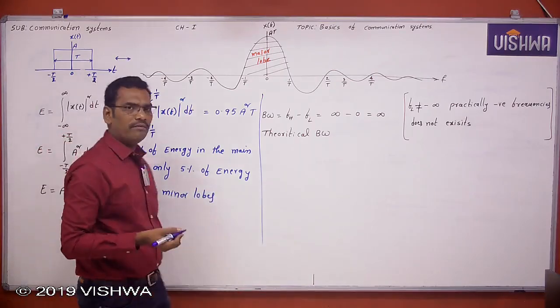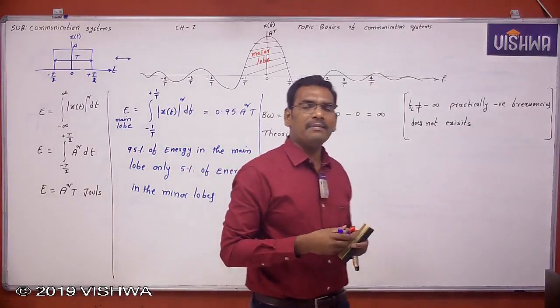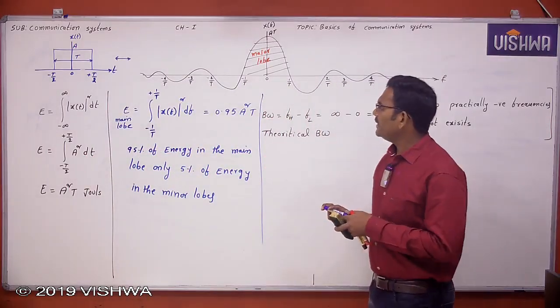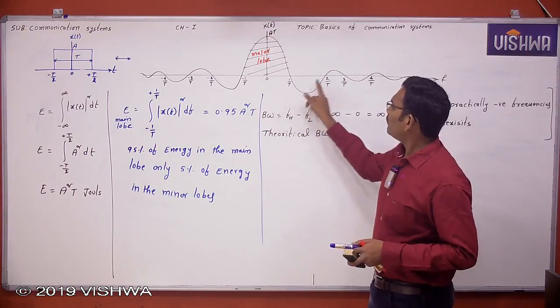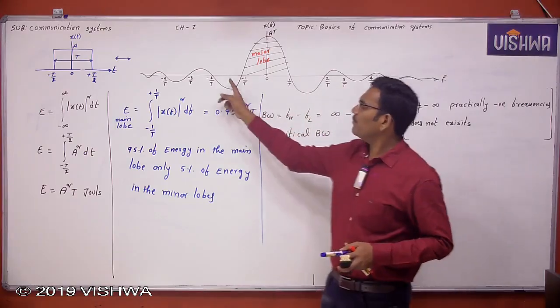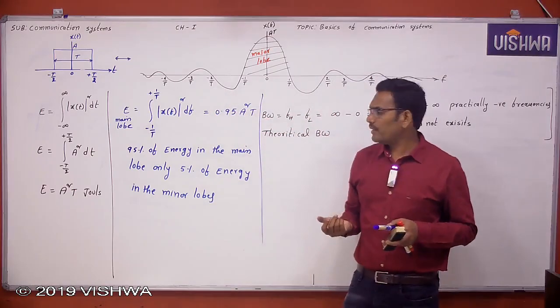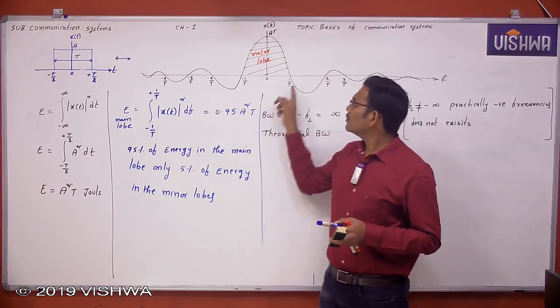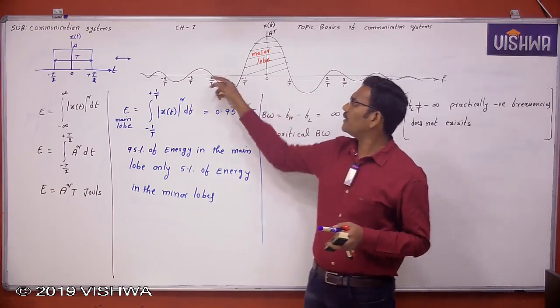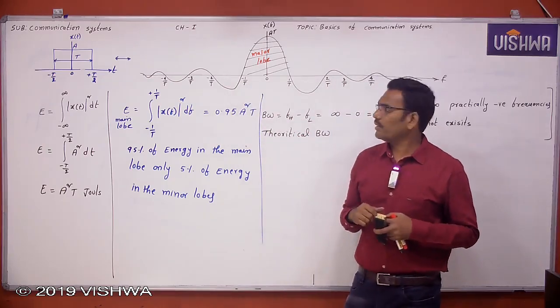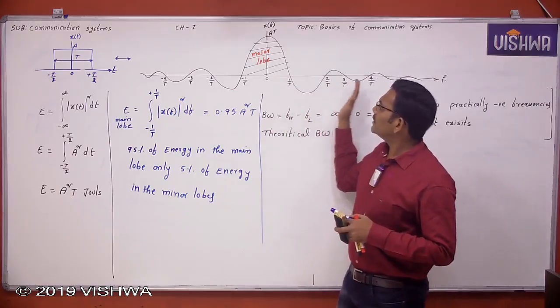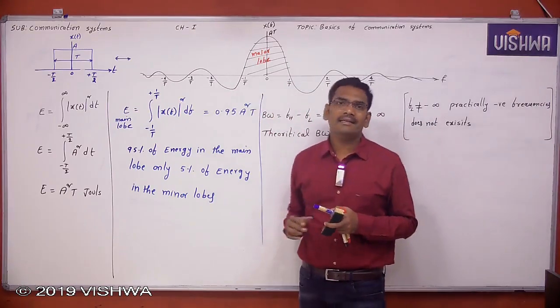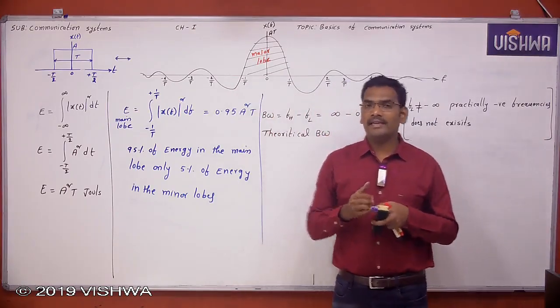So what should we do for finding the practical bandwidth? I want to eliminate the insignificant components. The insignificant components are the components having small energy, small information. So I want to eliminate these insignificant components and save the major component. So how do we eliminate the insignificant components and find the major lobe, the main information component?